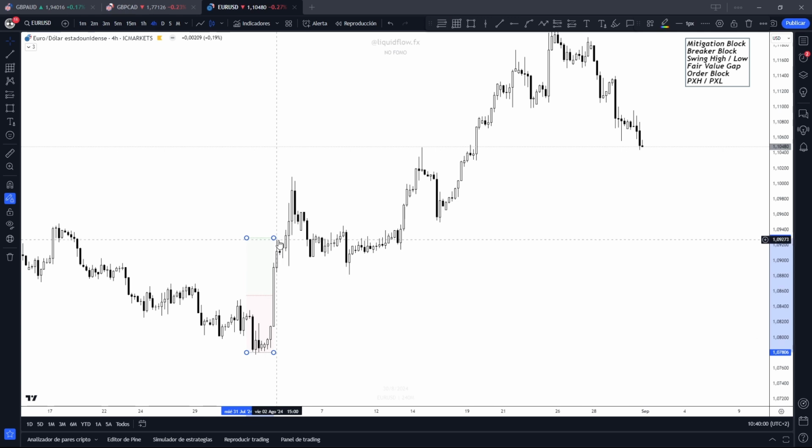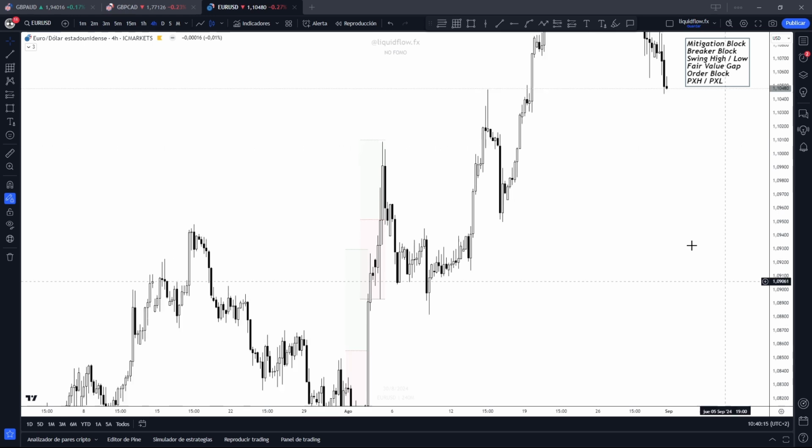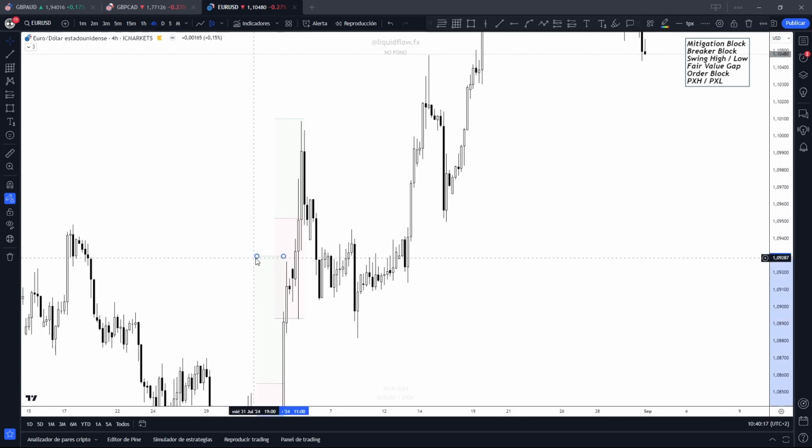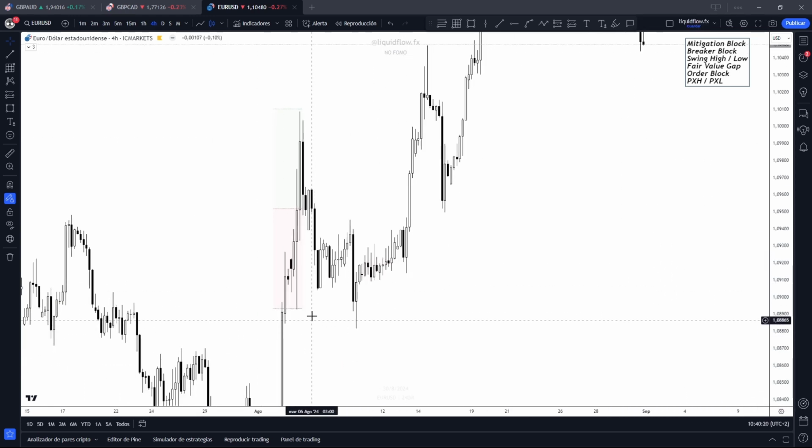But as you can see here, it didn't. So it didn't tap, so that creates a new PD array, right? As I said before, it must hold, but here it didn't do it. Why?